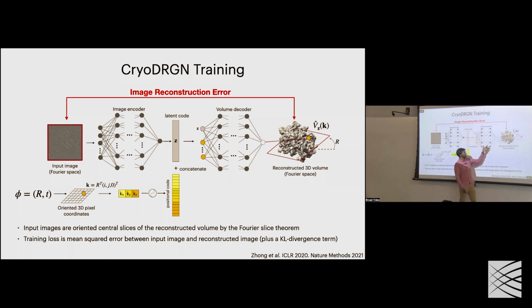So we can evaluate the decoder along every point corresponding to the image plane of that image. And then we can take the loss, just the MSE error between the predicted image and the original image. And that provides this training signal, which optimizes the values of the decoder as well as the encoder in this end-to-end fashion.